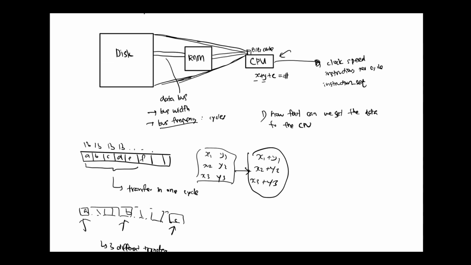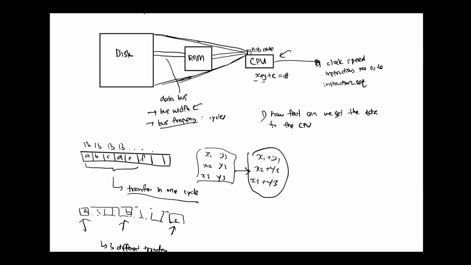Okay, so if you want to ask how much data we can exactly transfer in one cycle, that is answered by the bus width. Of course, the wider it is, the more wires there are, and you can transfer more data in a single cycle. How fast the cycle is is determined by the bus frequency, and whether we can transfer contiguous blocks of memory depends on how they are laid out inside the memory.